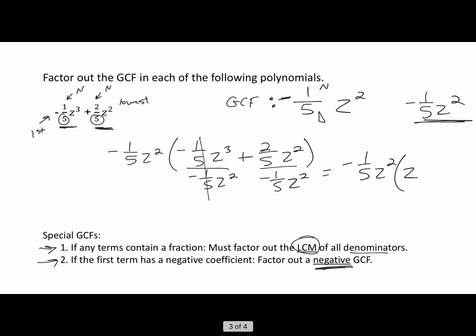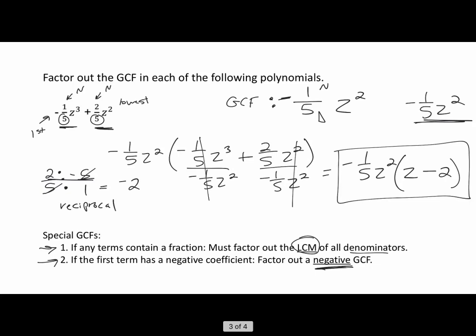For the second term, when you divide 2/5 by negative 1/5, you have to multiply by the reciprocal. Okay, so multiply numerators, multiply denominators. We can divide out a 5, and that leaves negative 2. And the z squareds cancel out. So this is the factored form of that polynomial.